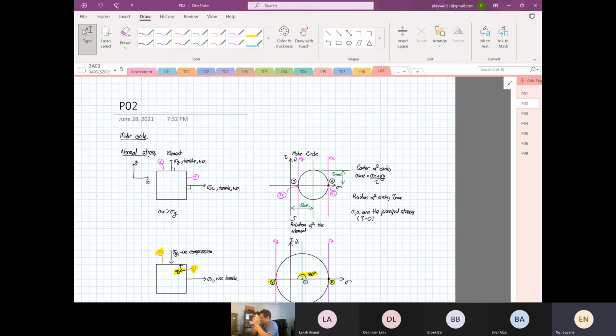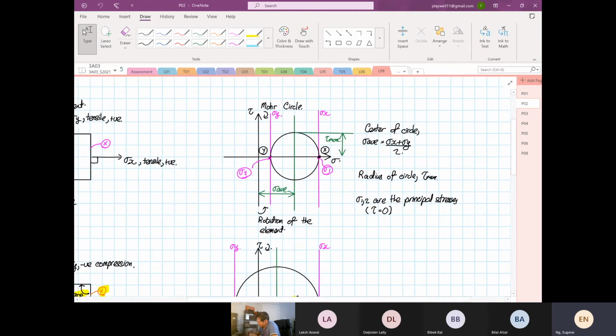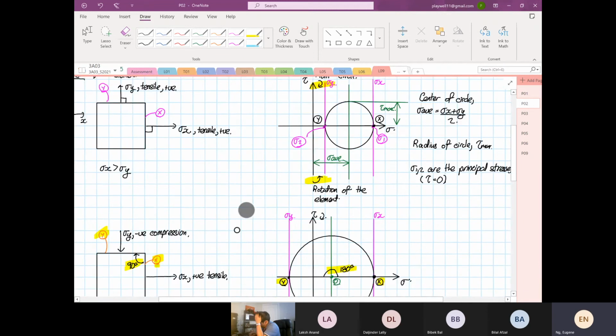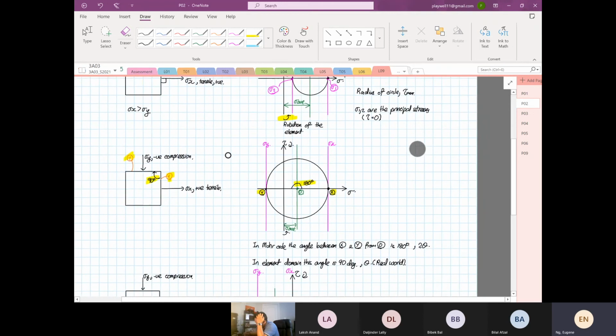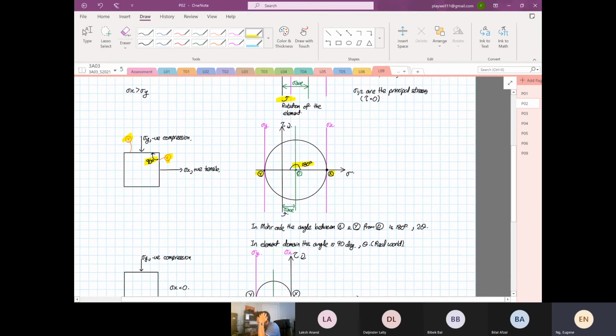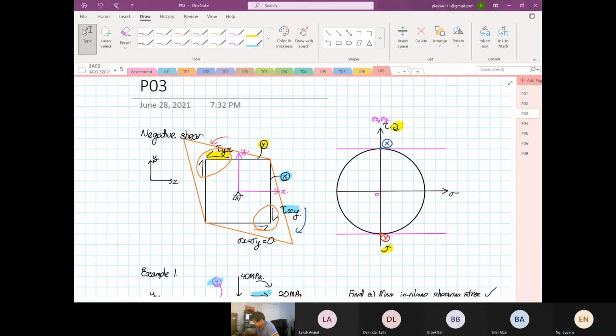The most critical thing where a lot of confusion comes is the shear, clockwise or anti-clockwise, because it will affect the position of your point X and point Y. A key thing to take note is on the element it is 90 degrees, on Mohr's circle it is 180 degrees. I tested this in the quiz, and you guys do seem to get it.